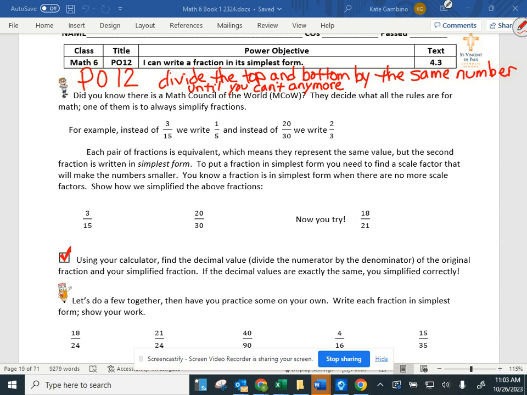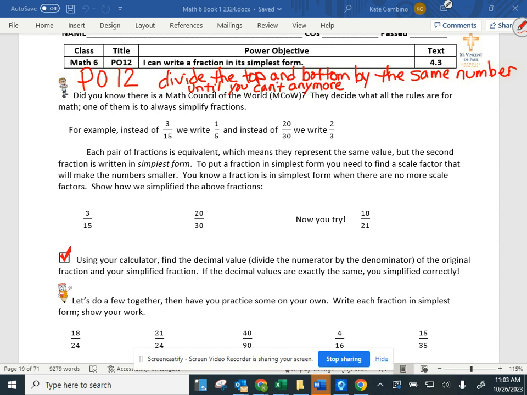We have to divide it all the way down. If we knew right away, oh, I can divide both the top and bottom by a 12, then I only divide it once. Sometimes you don't find that greatest common factor, and you have to divide it multiple times. And that's okay, as long as you keep going down as small as you can get. Any questions on that?